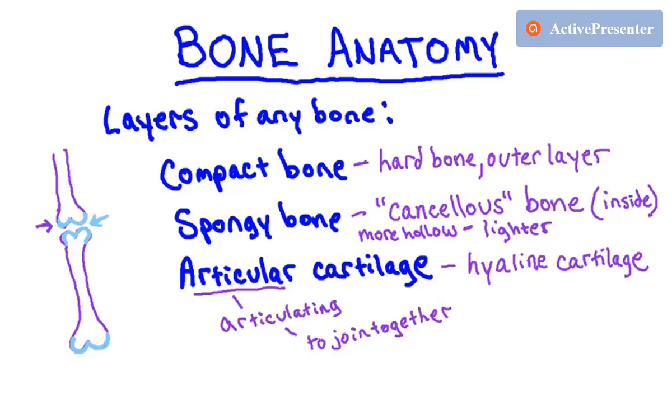So articular cartilage, made of hyaline cartilage, is very important, even though it's just a little bit at the ends of these bones. Now the erosion, as I was just saying, the erosion of the articulating cartilage, especially when you get older, that is called osteoarthritis.